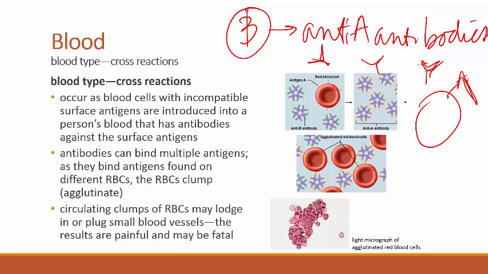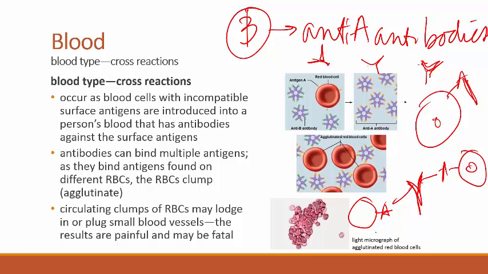Because a single antibody can bind two different substrates, here's the antibody, it can bind an antigen here, and over here it can also bind an A antigen.